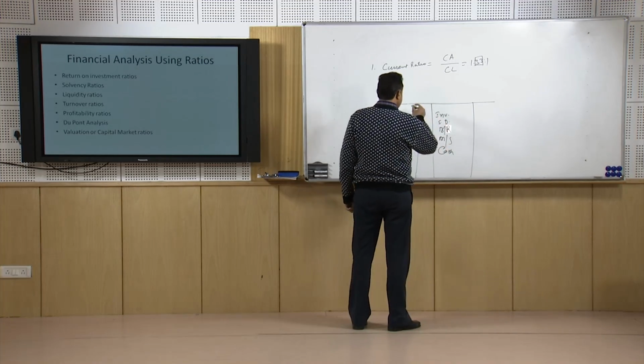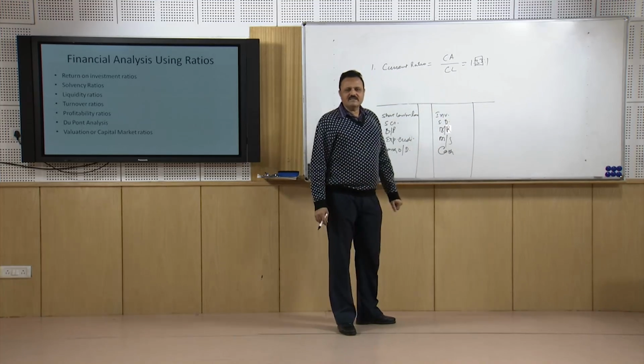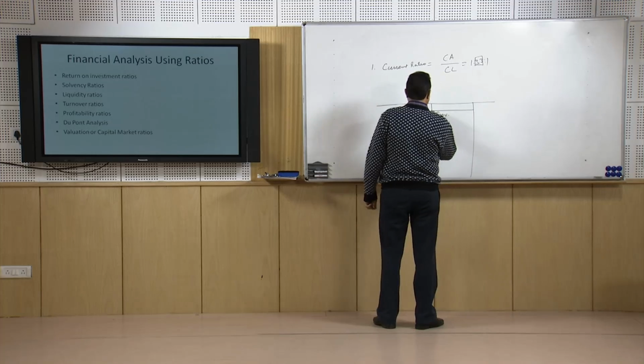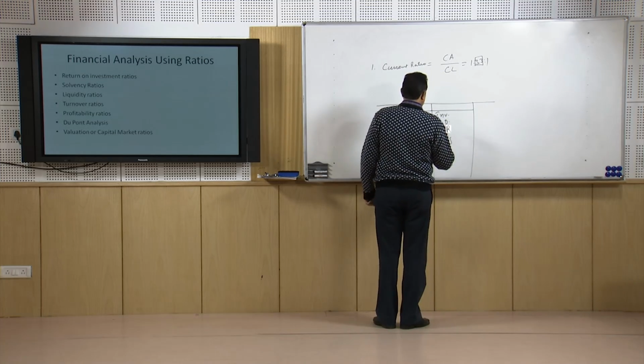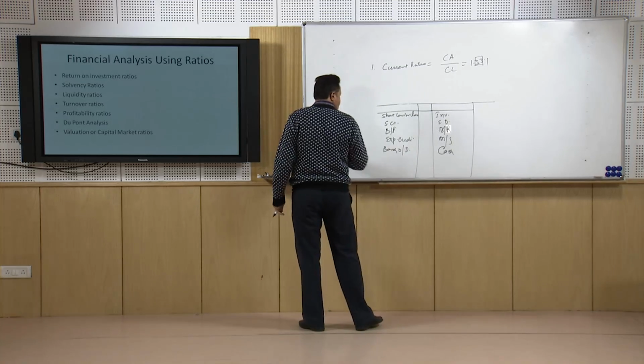Normally, when we say that the current assets and current liabilities are 100%, then from where will this 0.33 be funded? This 0.33 will be funded from long term sources.